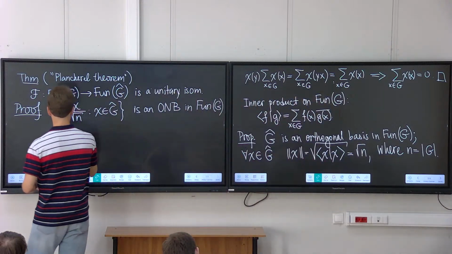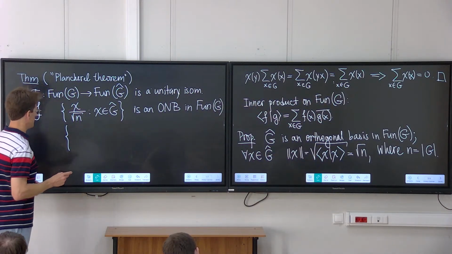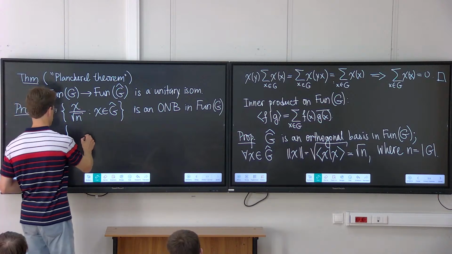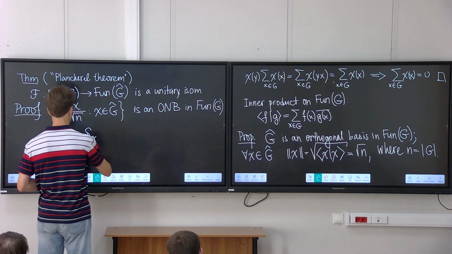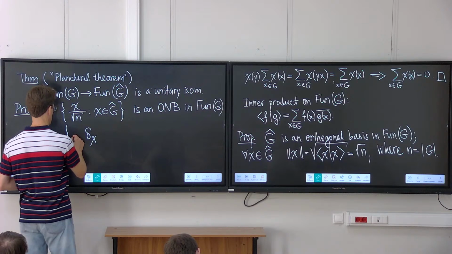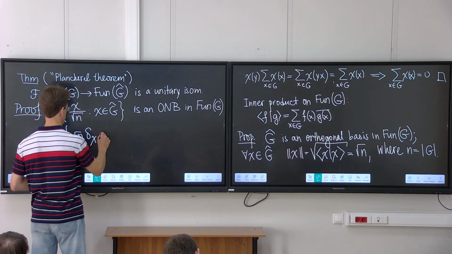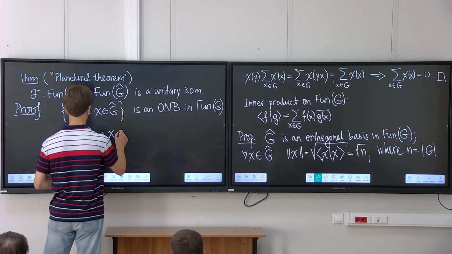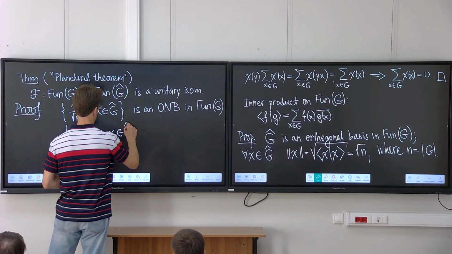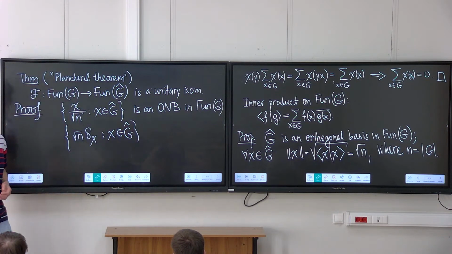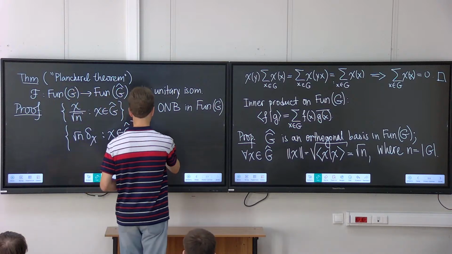On the other hand, if we consider delta functions on the dual group and multiply each of them by the square root of n, then we get an orthonormal basis in the space of functions on the dual group.